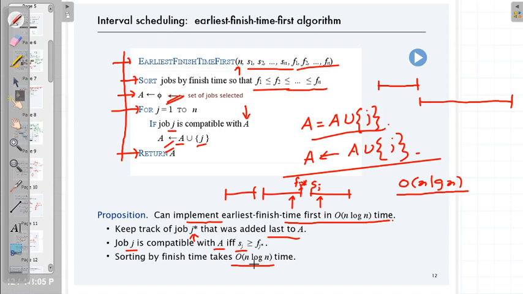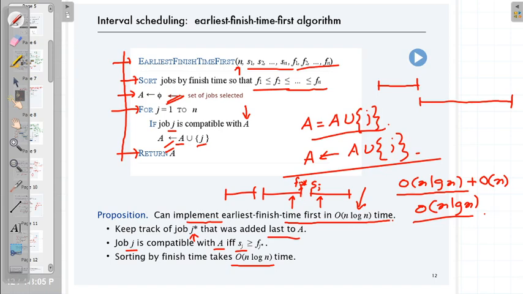Then we consider n jobs, and each one takes order of 1 time, so this is order of n again. Order of n log n plus order of n is order of n log n, since n log n dominates. So the time complexity of this earliest finish time first algorithm is order of n log n.